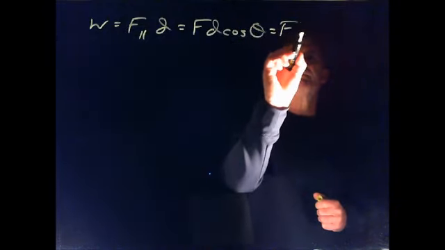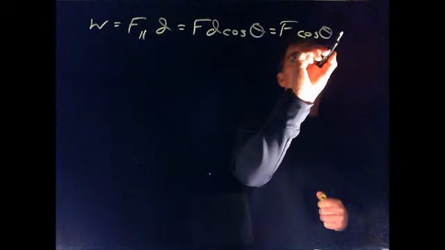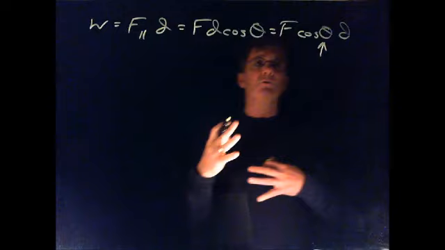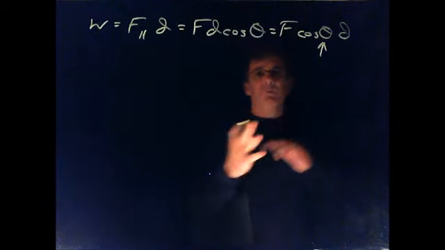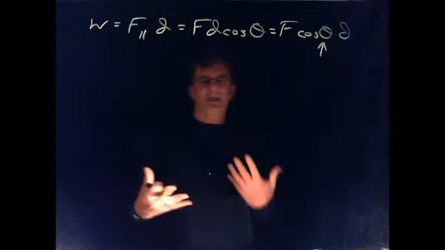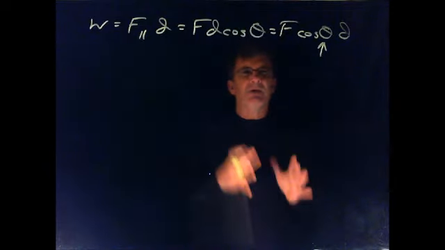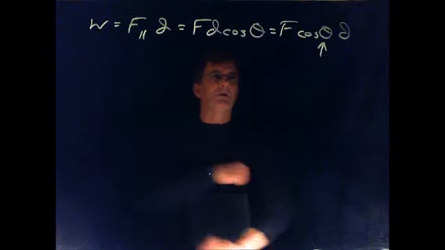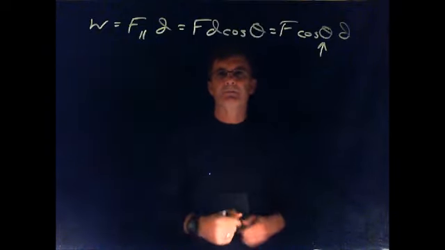My preferred way is F cosine theta d, where theta is the angle between the force and the displacement. I like that way because it helps me keep in mind what exactly is the angle, or what theta we are talking about.